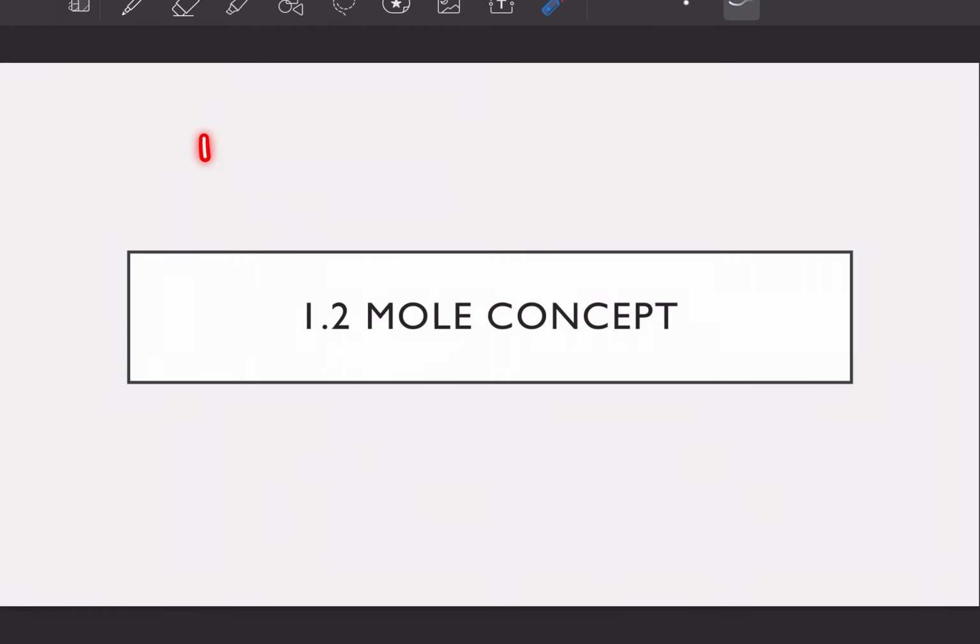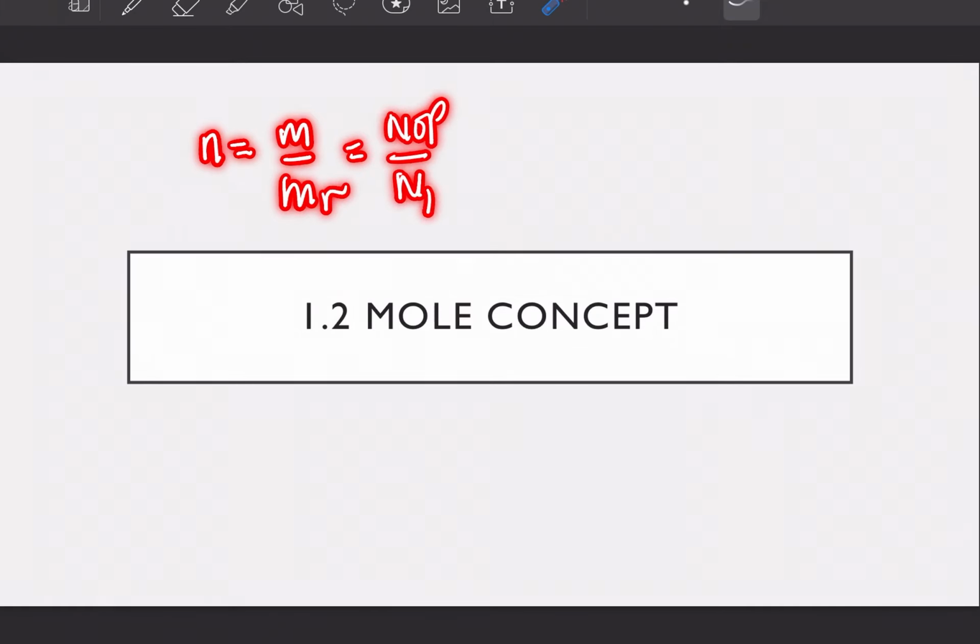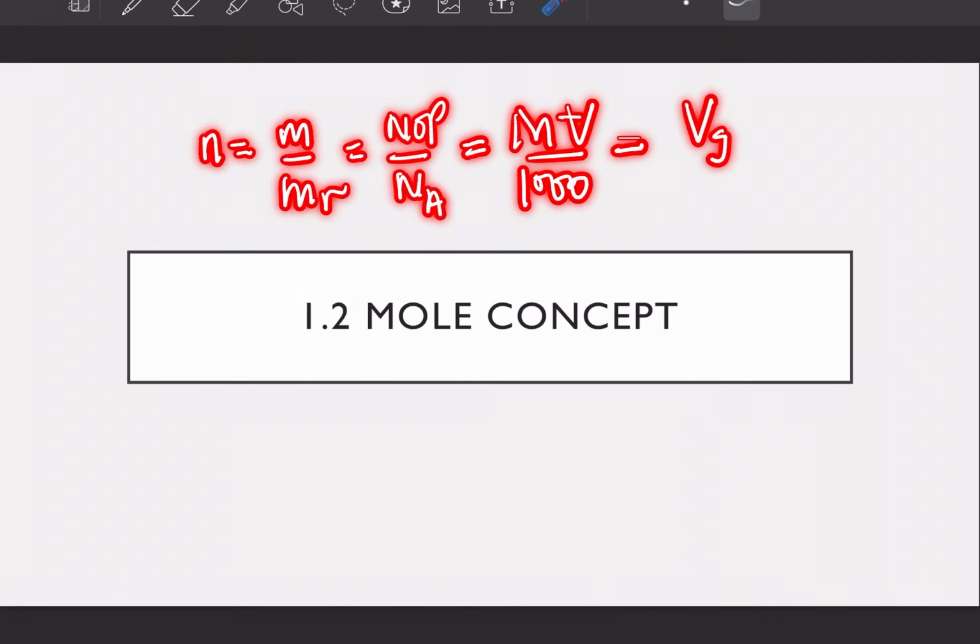So mole equals mass over molar mass, equals number of particles over Avogadro constant, equals molarity times volume over 1000, equals volume of gas over molar volume, depending whether it's at STP or room temperature and pressure.